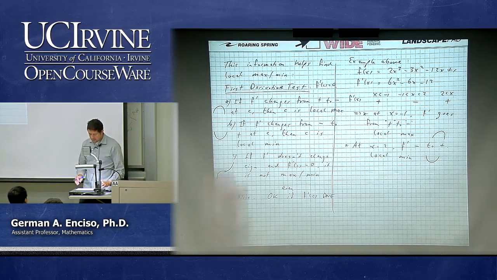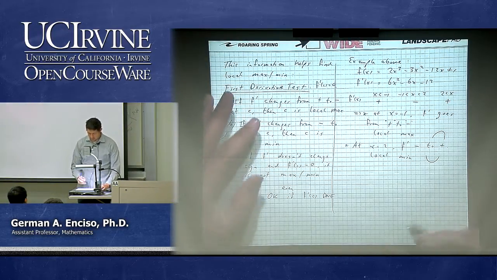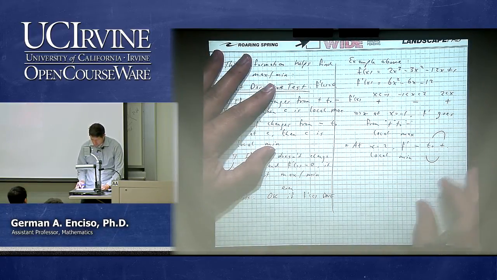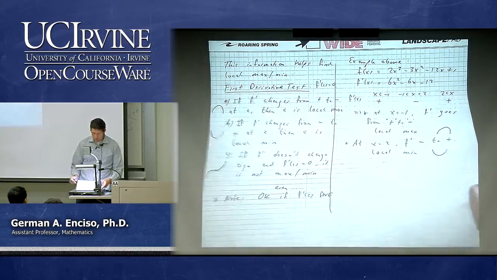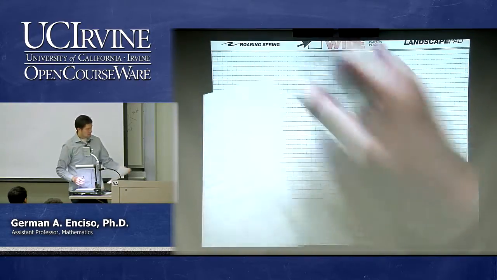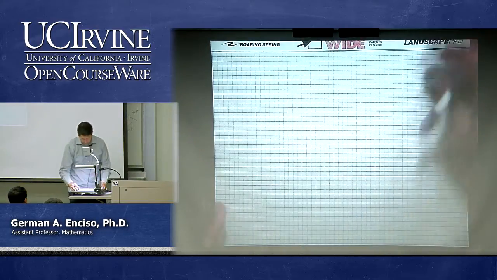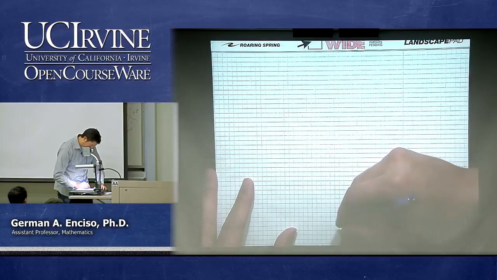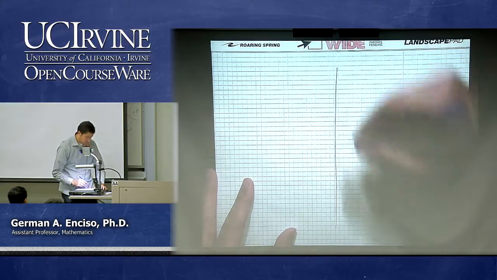All right, that's it. Good, so now we can think about what f prime prime says about the function f. Okay, so what do you think? If the function f prime prime is positive, what can we say about the function f?